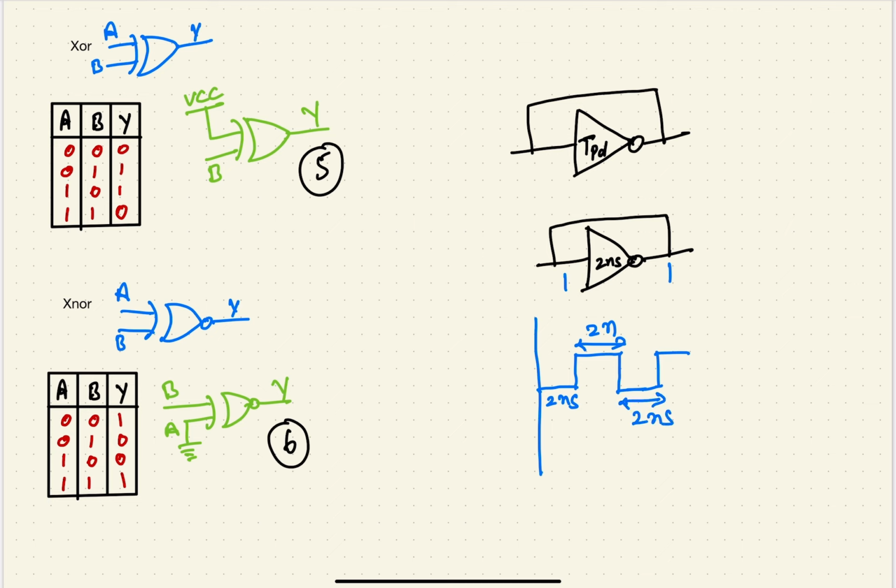So we can see it is a clock generation with a 4 nanosecond time period.